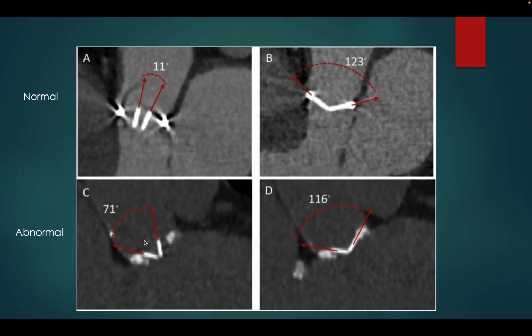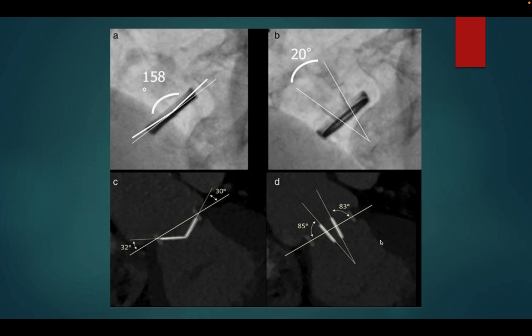But here the leaflets were not parallel to each other, and the angle between them was 70, which is pathological, meaning there is limited opening of one or two leaflets. And here the closing angle was 116, which is less than 120, which means even the closing angle was abnormal.